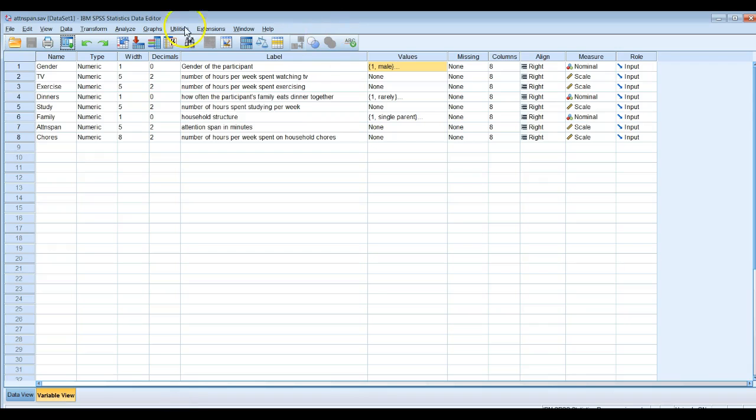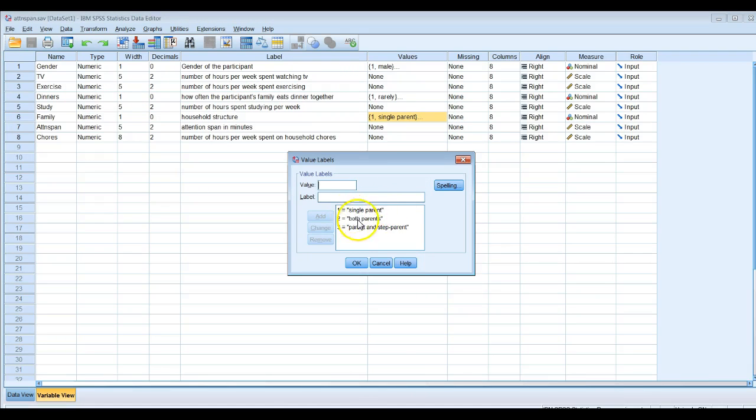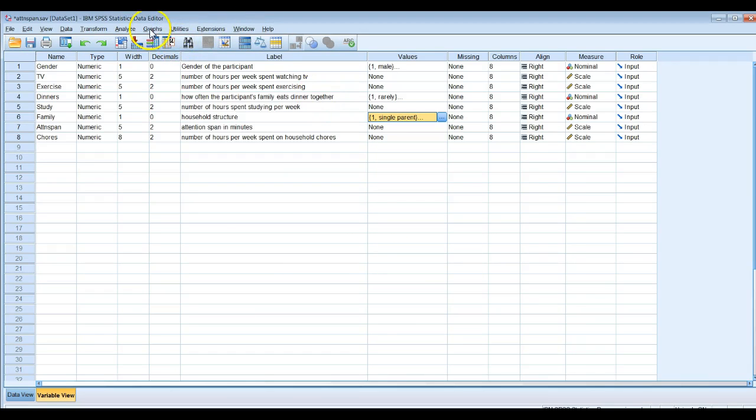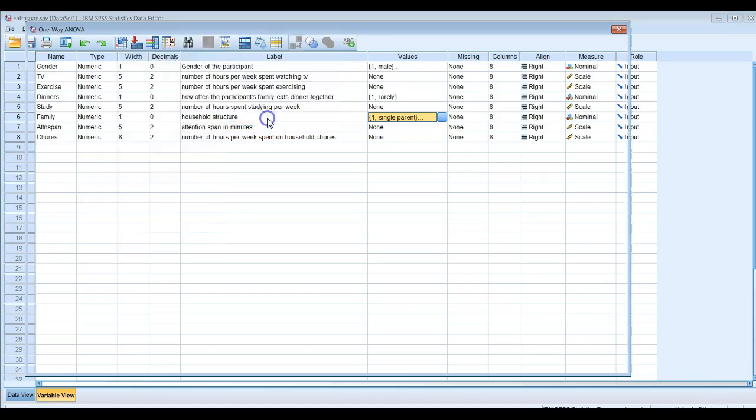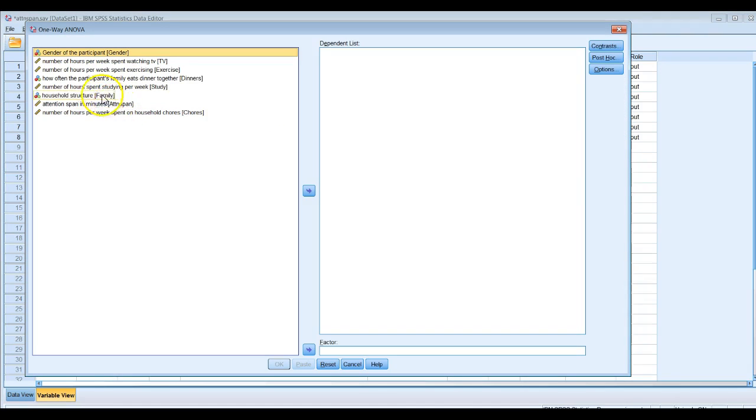So if we wanted to compare the mean amount of time people spend studying per week for different family structures. So in this variable, we've got household structure, which is single parent, both parents, or a parent and a step parent. We're going to go to Analyze, Compare Means, One-Way ANOVA, and we've got number of hours spent studying per week.